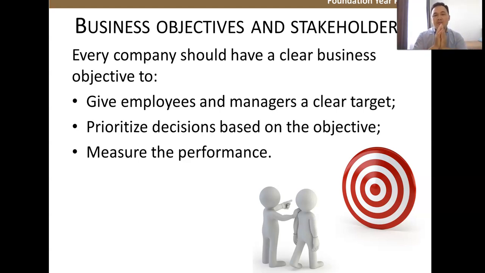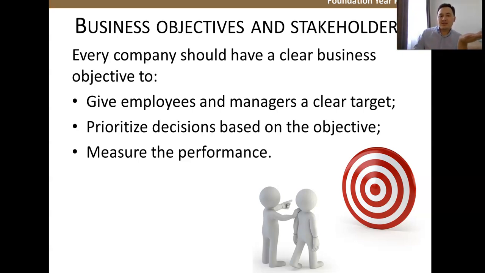Well, without a certain business objective, you can't do that. So one of the main reasons why business objectives are set is to give all employees and managers a very clear target, and to prioritize decisions, because in quite many cases, almost always in business, there isn't one obvious best answer. There are always some trade-offs.